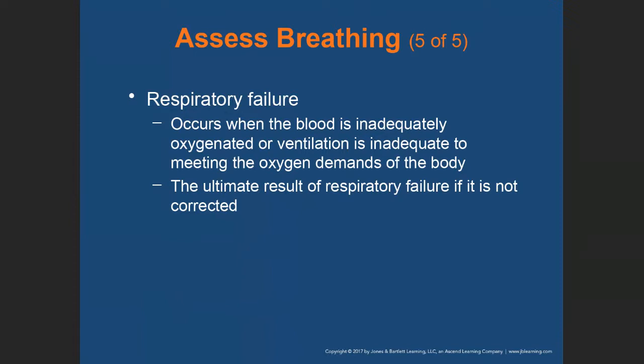Based on the findings for your AVPU, you will either start off by assessing the upper airway or lower airway. And to assess the upper airway position, you check if it's clear, you look, listen, feel, full stop. For the lower airway, you assess rate, rhythm, quality, and depth.